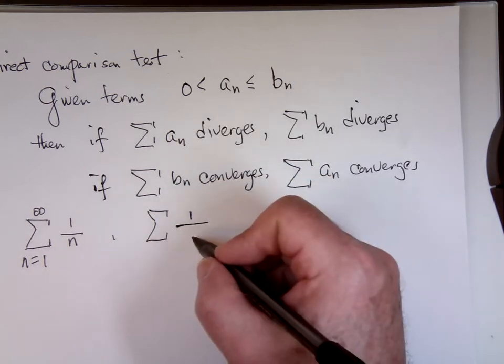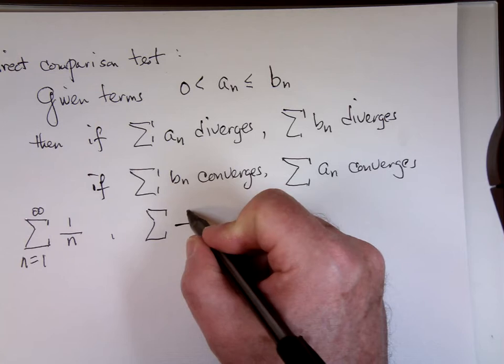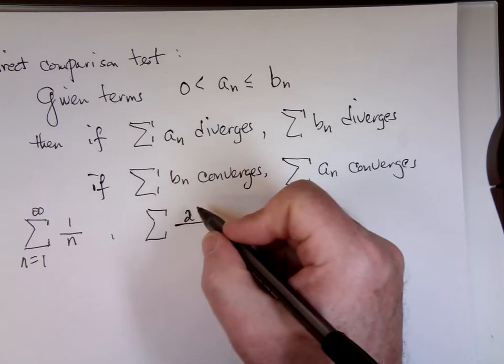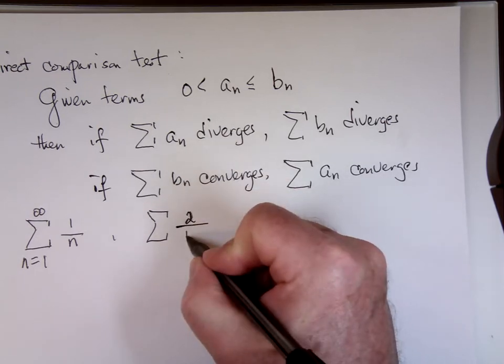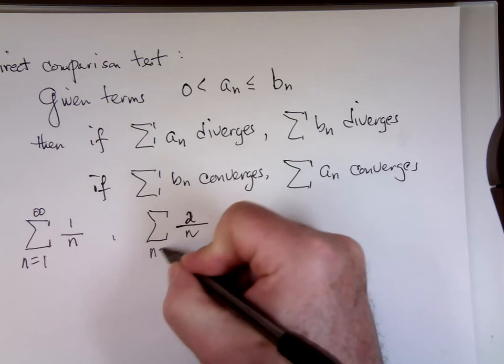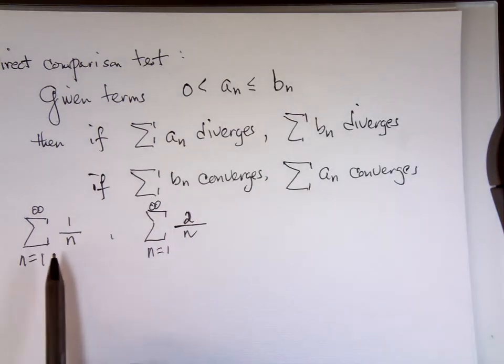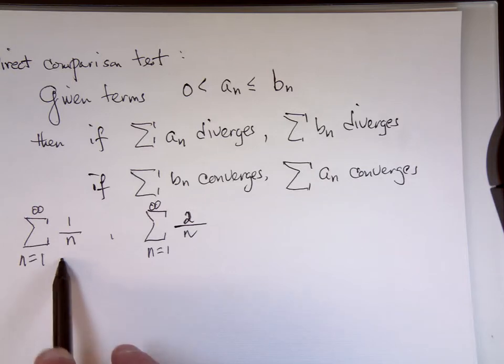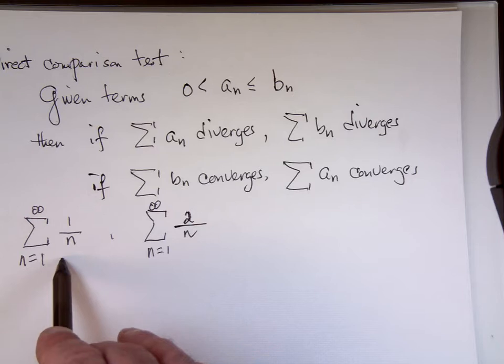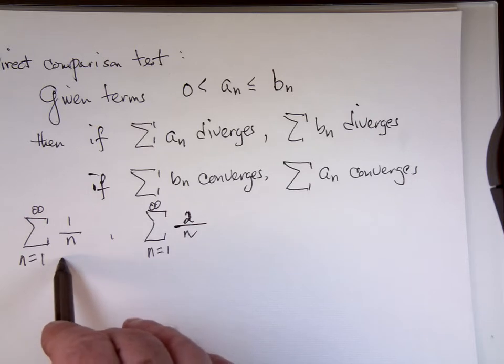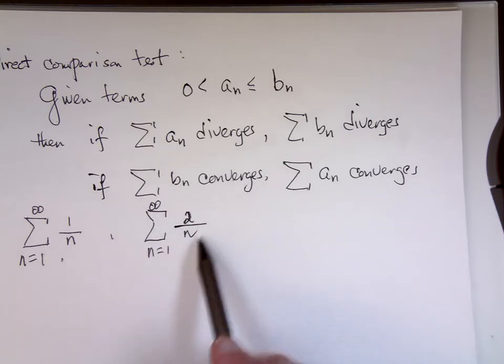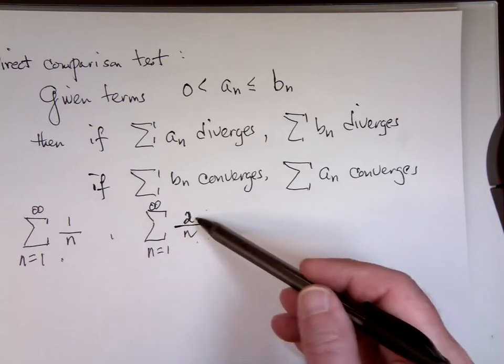Let's do 2 over n here. Now, you know this is a known diverging series. This is the harmonic series. It's a p series where p is equal to 1. We know it diverges. This series, 2 over n, you could just take the 2 out front and get a harmonic series again, because you can always take the constants out front.